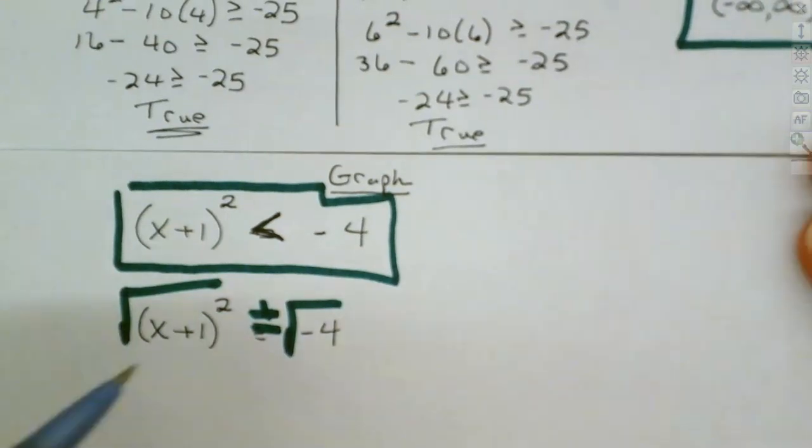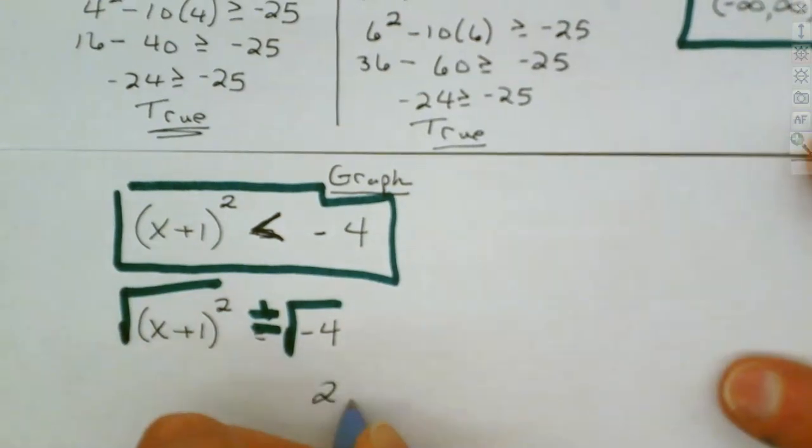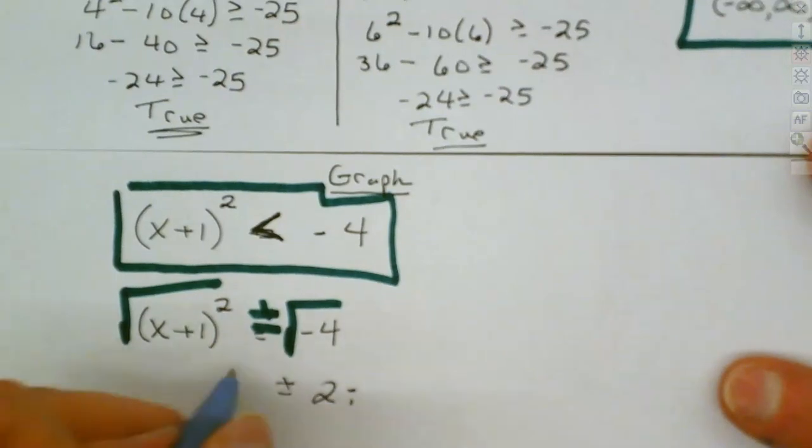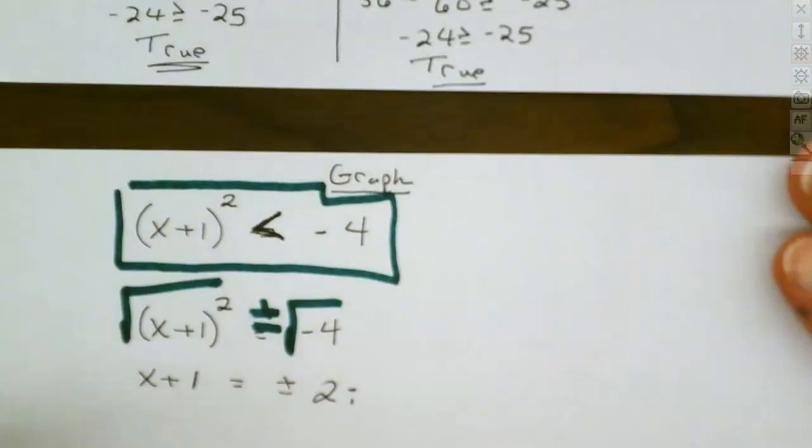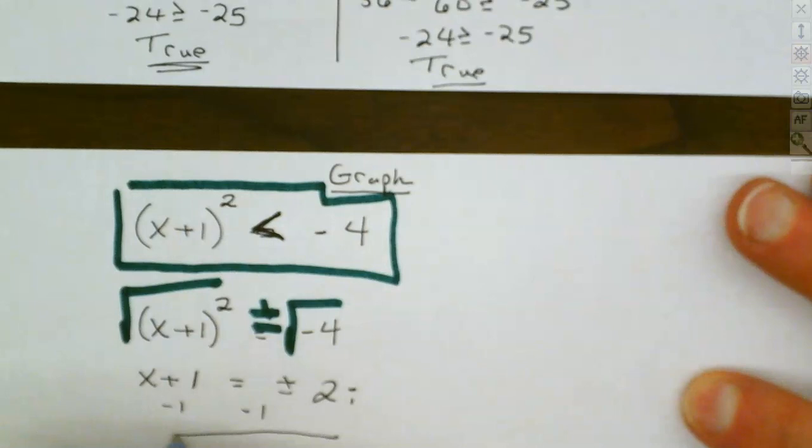We know the square root of 4 is 2, but it comes out as an i, doesn't it? Moving that 1 over, and now we've got this. So x equals minus 1 plus or minus 2i.